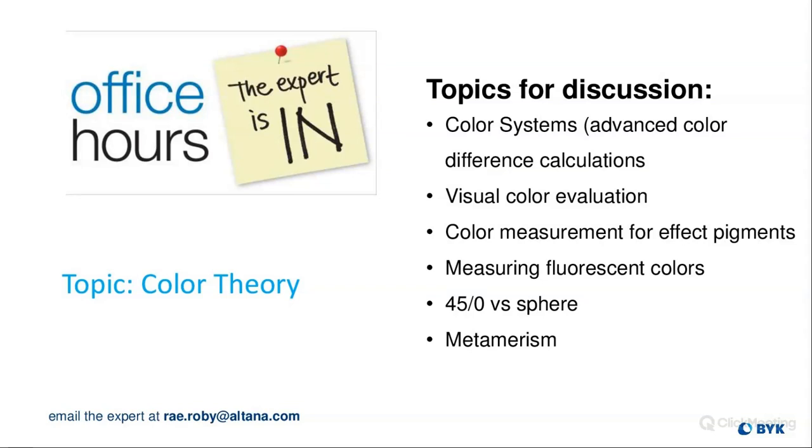Got a question in here from John. For a semi-transparent film, what backing should be used for a 45-0 measurement? Black, white, or a light trap? What's your recommendation? So for me, I usually do white tiles and buy a whole box from like Home Depot. They're all from the same batch so that the tiles are the same color.